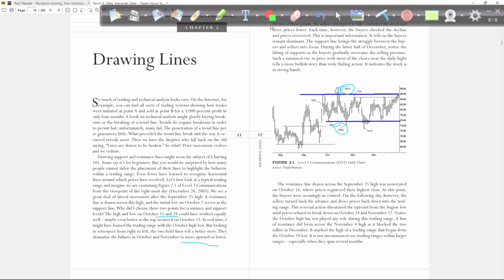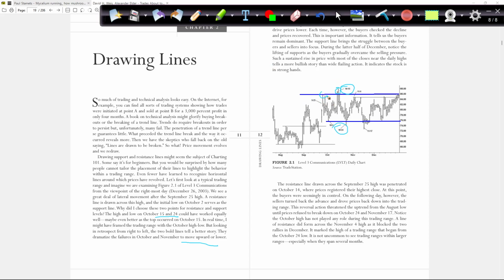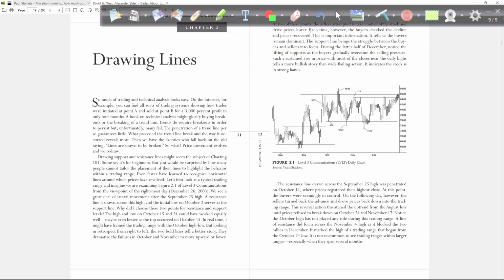At two of these points, the sellers attempted to take control of the stock and drive prices lower. What it is saying is at these two points, first sellers attempted to draw the price lower, and at this point, on October 2, the buyers attempted to take the market higher.